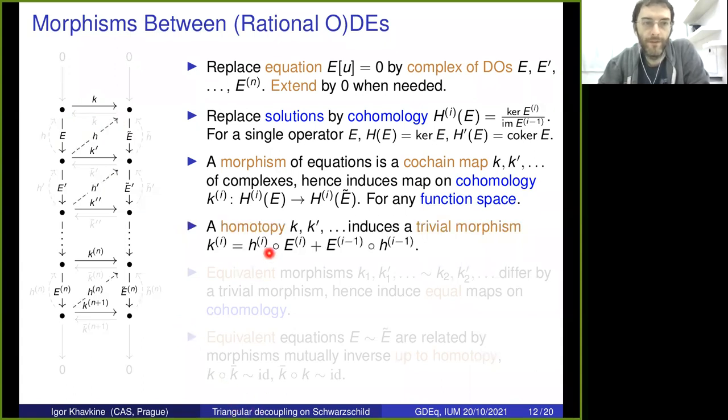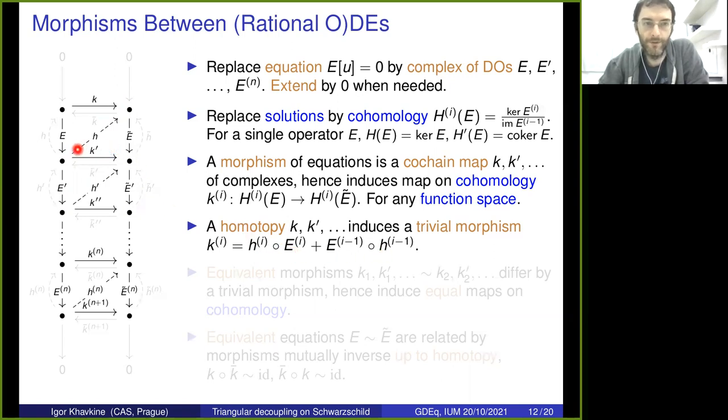Then there's a notion of homotopy, which is denoted here by these dotted arrows. It's a ladder of operators that go backwards by one in between the two complexes. And whenever you have a homotopy between two complexes, you can use it to induce a chain map by composing operators in this trapezoid like this. Add this composition with that composition, and you get this formula.